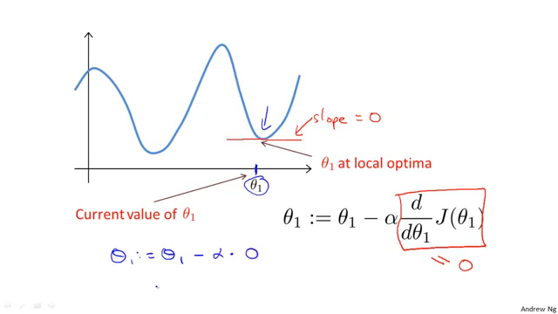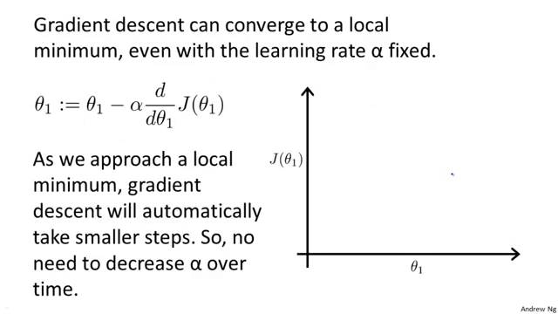And so what this means is that if you're already at the local optimum, it leaves theta 1 unchanged, because theta 1 equals theta 1. So if your parameter is already at the local minimum, one step of gradient descent does absolutely nothing. It doesn't change your parameter, which is what you want, because it keeps your solution at the local optimum. This also explains why gradient descent can converge to a local minimum even with the learning rate alpha fixed.